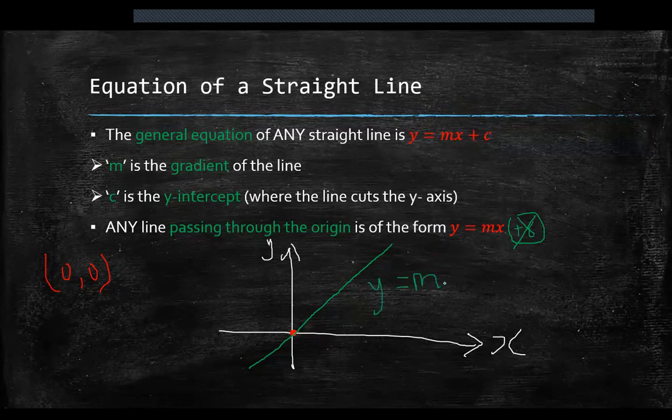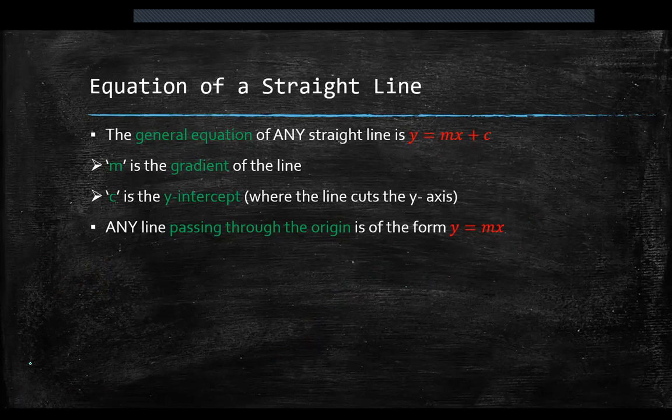That's why the equation is only y is equal to mx. Everybody understands that? It does not cut the y-axis, and that's why there is no plus c, and it's just y is equal to mx. Understand that? Yeah, miss. All right.